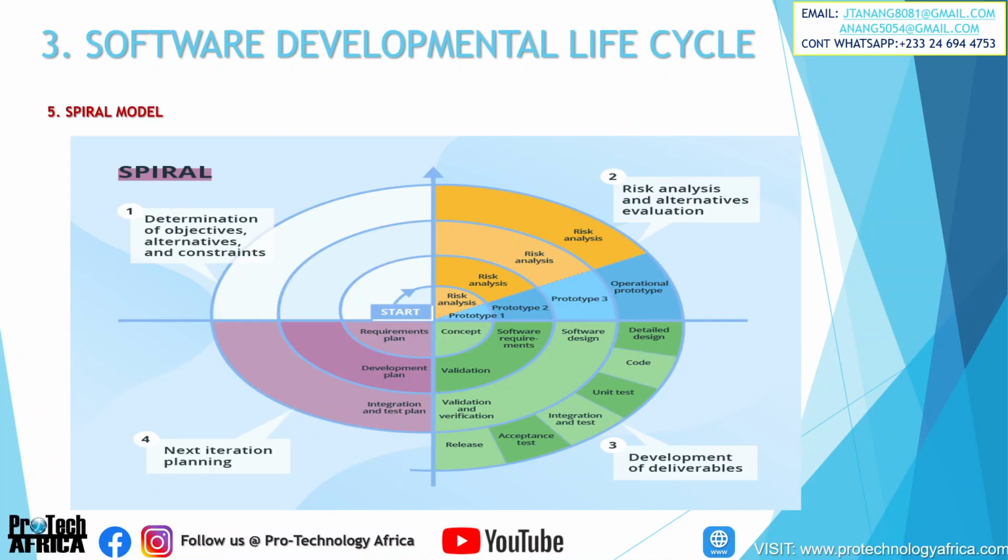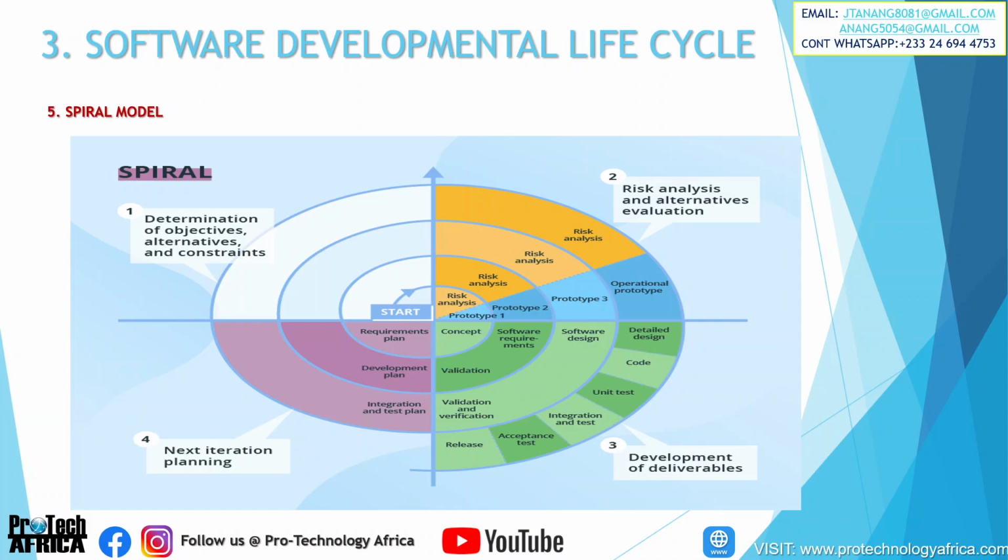So now let's consider the diagram. We have the spiral model and the various quadrants. The first quadrant talks about the determination of objectives, alternatives and constraints. The second quadrant talks about risk analysis and alternative evaluation.